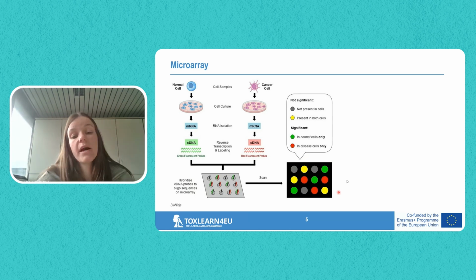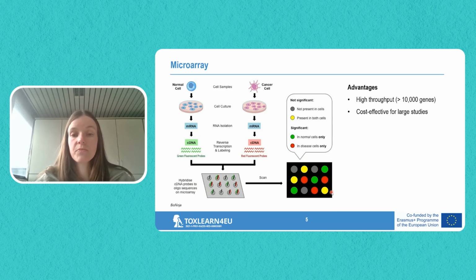This is, of course, a highly simplified view because such a microarray chip does not contain only 12 spots, but actually contains 20 to 50,000 spots, which means that you can measure the expression of thousands of genes simultaneously.